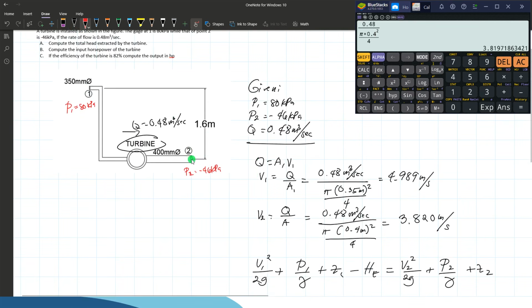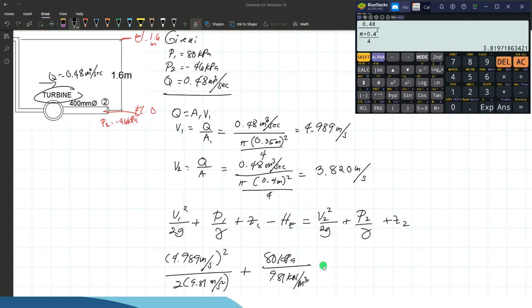Let's say we make point 2 the datum reference elevation of 0, and point 1 is at an elevation of 1.6, because it is 1.6 above point 2.